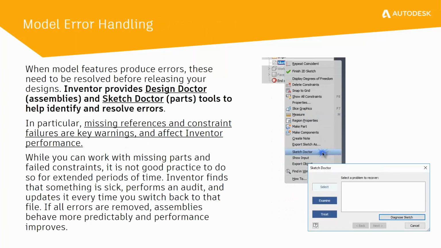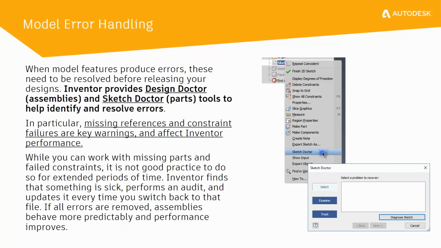Another potential area is model error handling. This is around feature functionality type errors inside of a design, where we use Design Doctor to help us problem solve our assemblies. We use Sketch Doctor to help us problem solve issues with our parts.